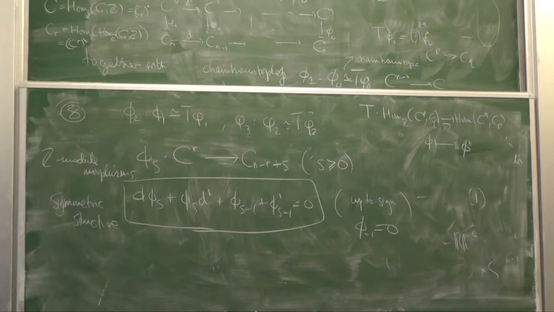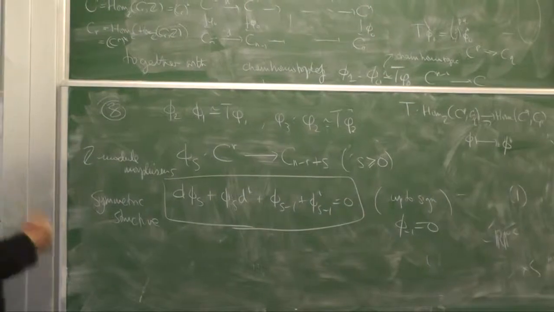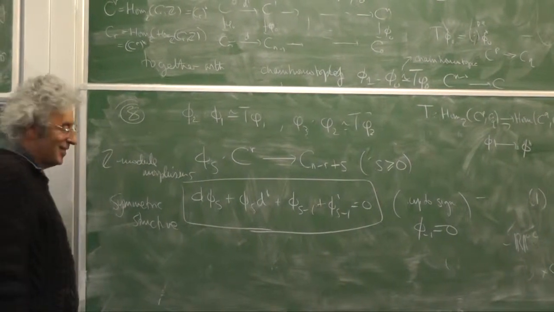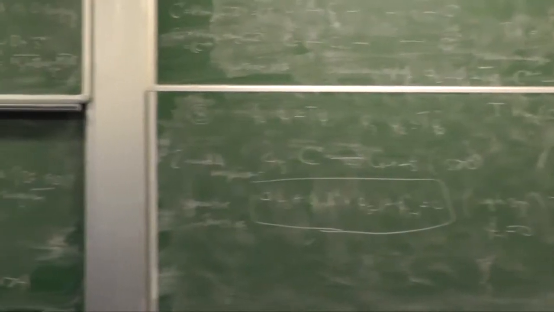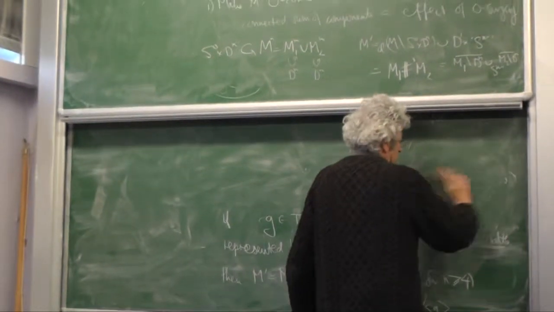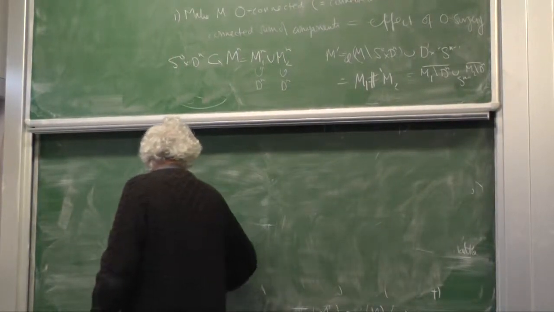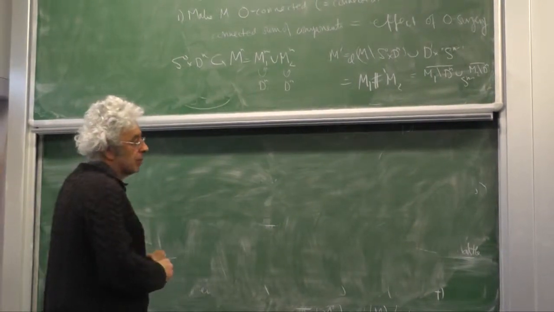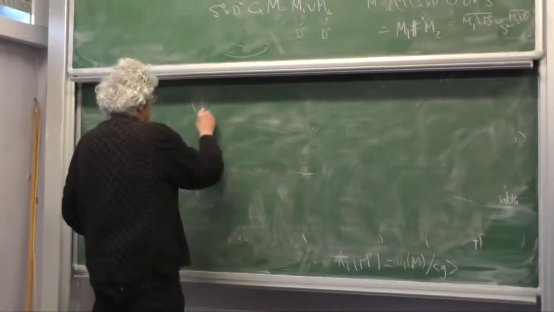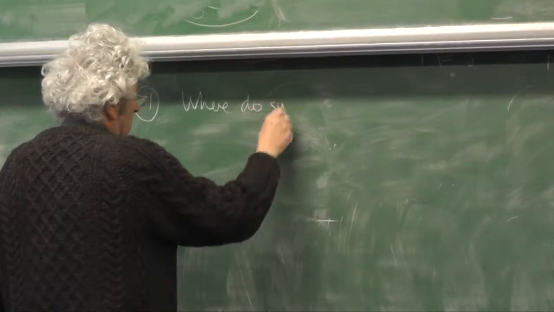So that's very complicated in some senses. However, there's one good thing about these structures. Every manifold has one. In fact, not just every manifold, every space with a homology class has one. So where do symmetric structures come from? There's something a bit grandiose. Where do symmetric structures come from?